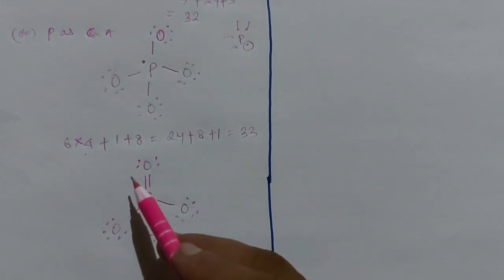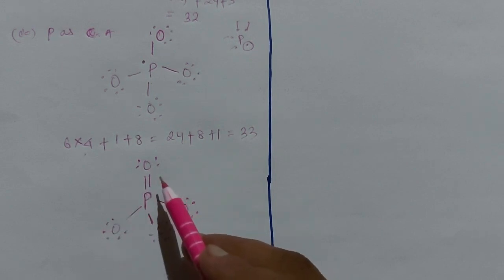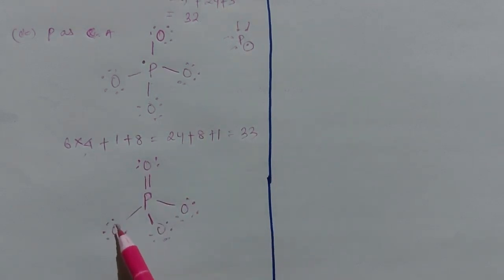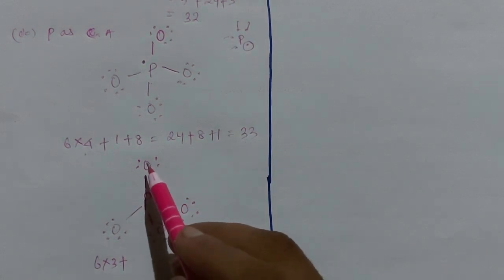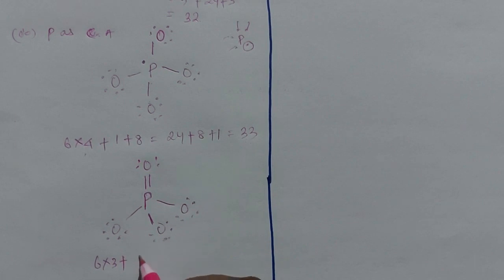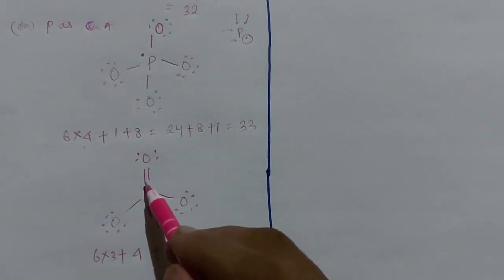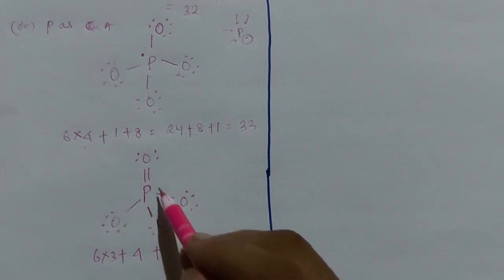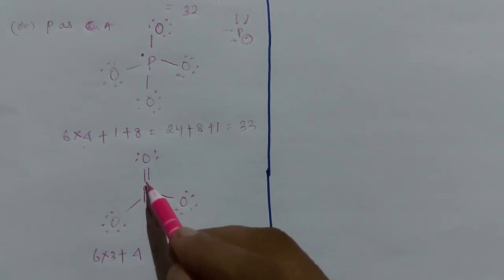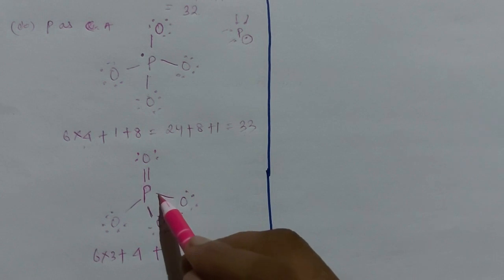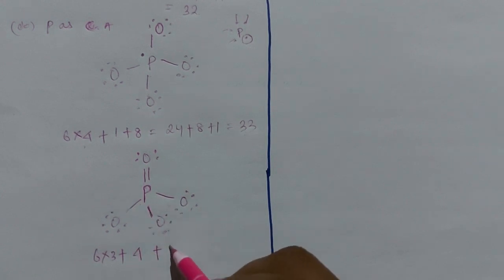Now we will calculate the total electrons. Oxygen has 6 electrons here, 6 here, 6 here, so total is 6 times 3, that is 18, plus this oxygen has 4 non-bonded electrons, plus the bonding electrons: 1, 2, 3, 4, 5, 6, 7, 8, 9, 10.